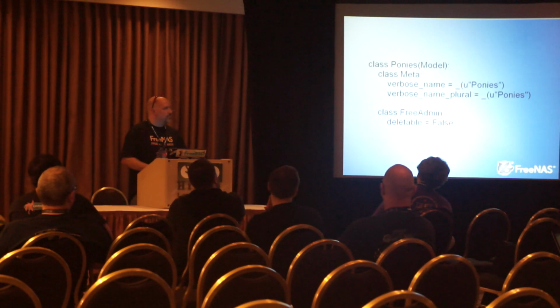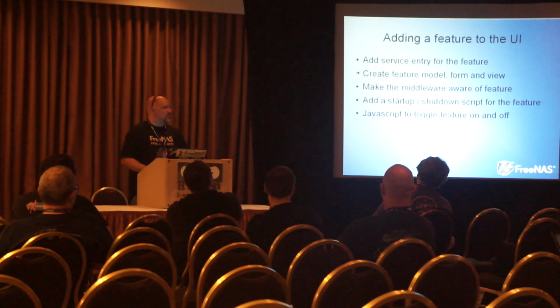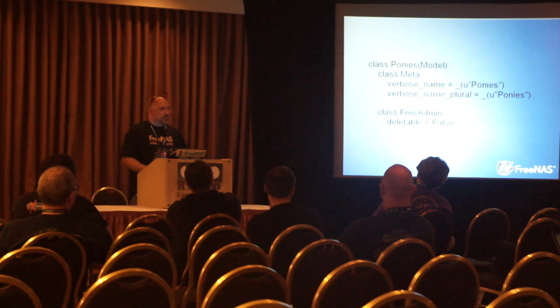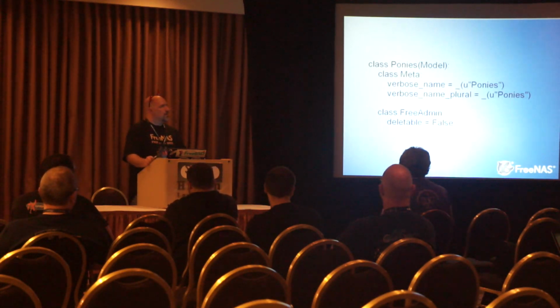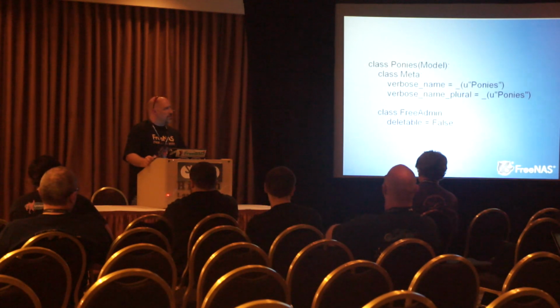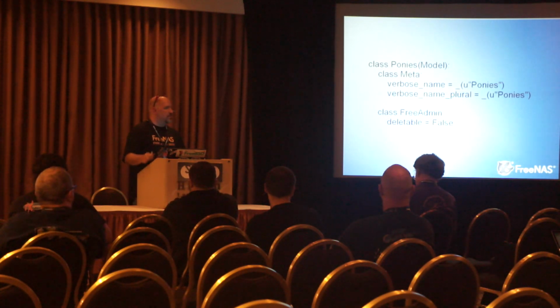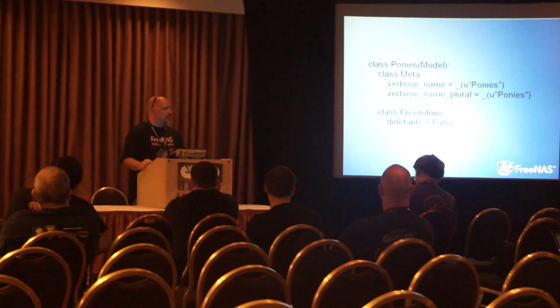Next, back here, this is where we're going to do the model, form and view. With a Django app, the first thing you do is provide a model, and the model is the database abstraction. So our new service here is the class that you create that abstracts the database table it's going to create in the database.